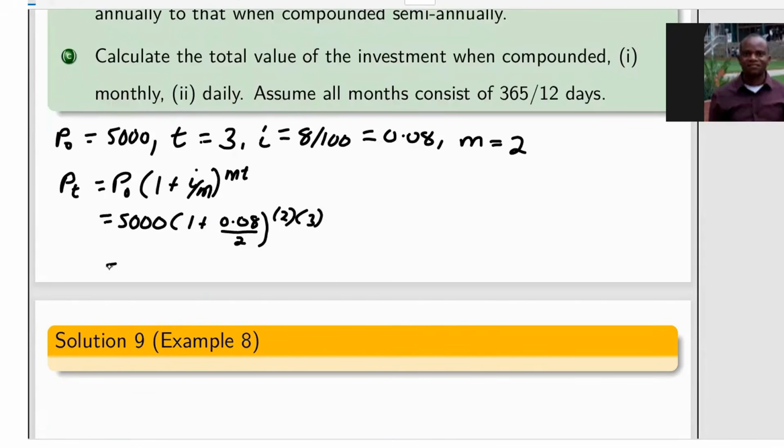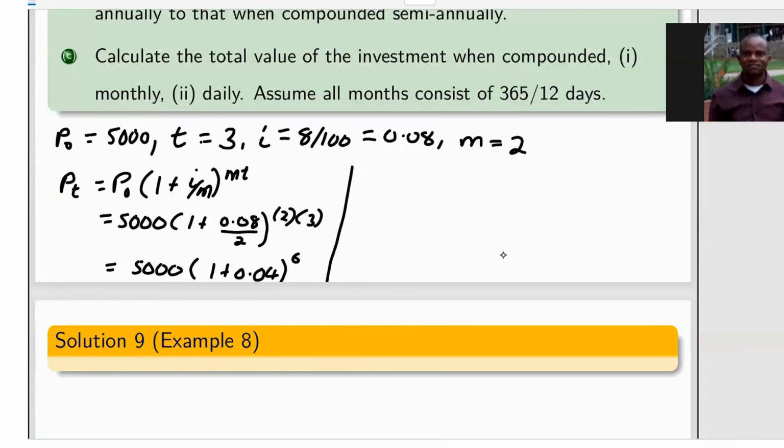So this gives us 5,000 times (1 plus 0.04), that is 0.08 divided by 2, it gives us 0.04, then to the power 2 times 3, this gives us 6.